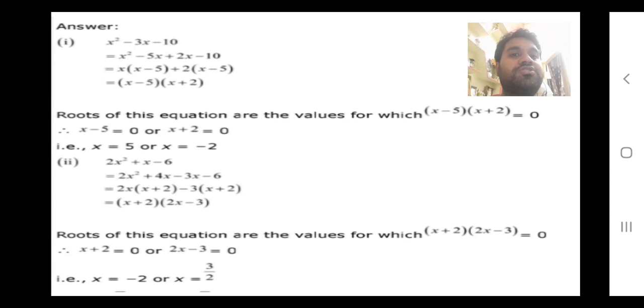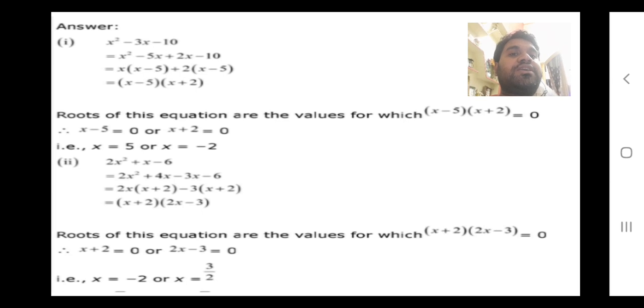So here is the first question, x square minus 3x minus 10. The coefficient of x square is 1 and the constant term is minus 10. On multiplying, it comes as minus 10. So we have to factorize 3x such that their product comes to minus 10. So they have taken minus 5x plus 2x.